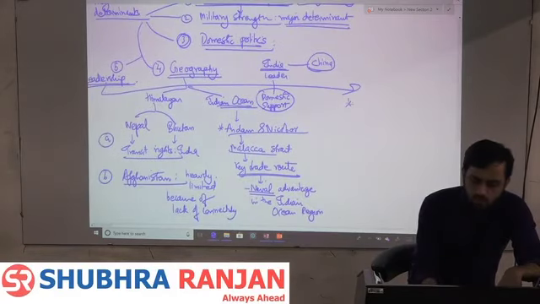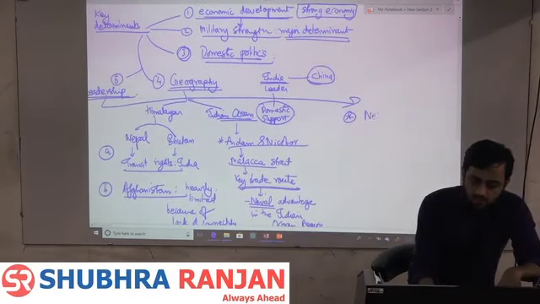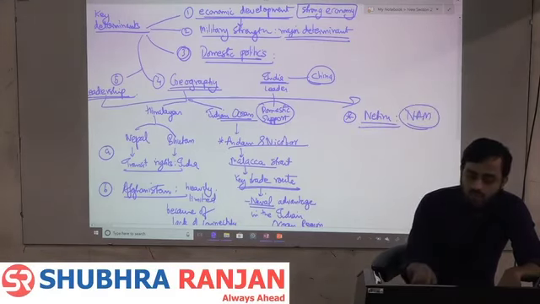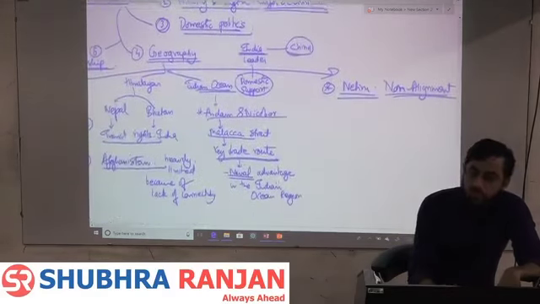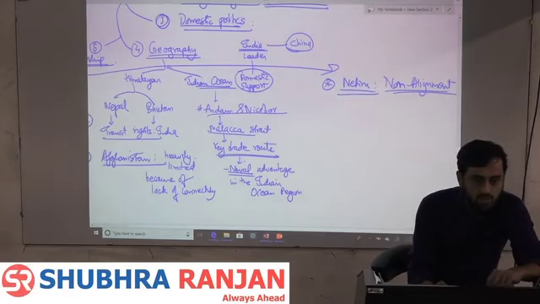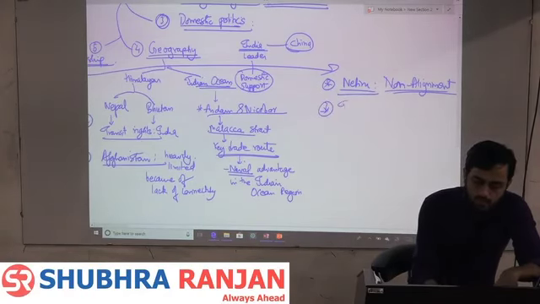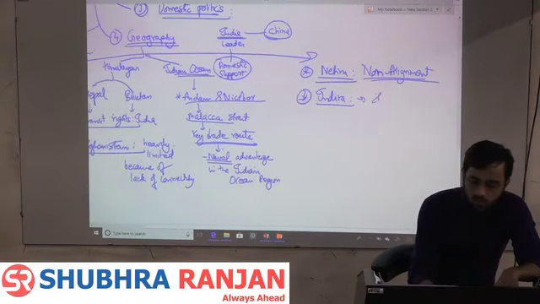For example, Nehru is often associated with a specific foreign policy initiative, that is non-alignment. Indira Gandhi was often associated with the strong decision to militarily intervene in the 1971 war with Pakistan.